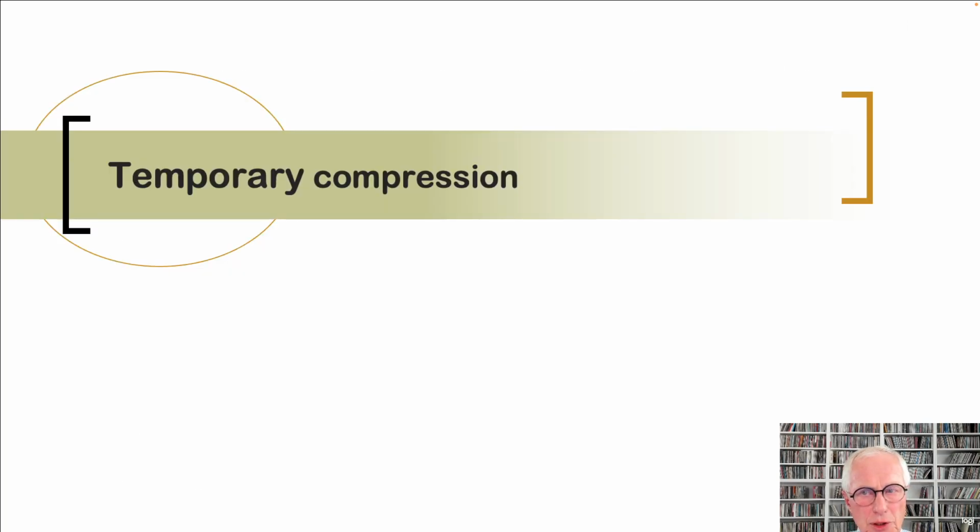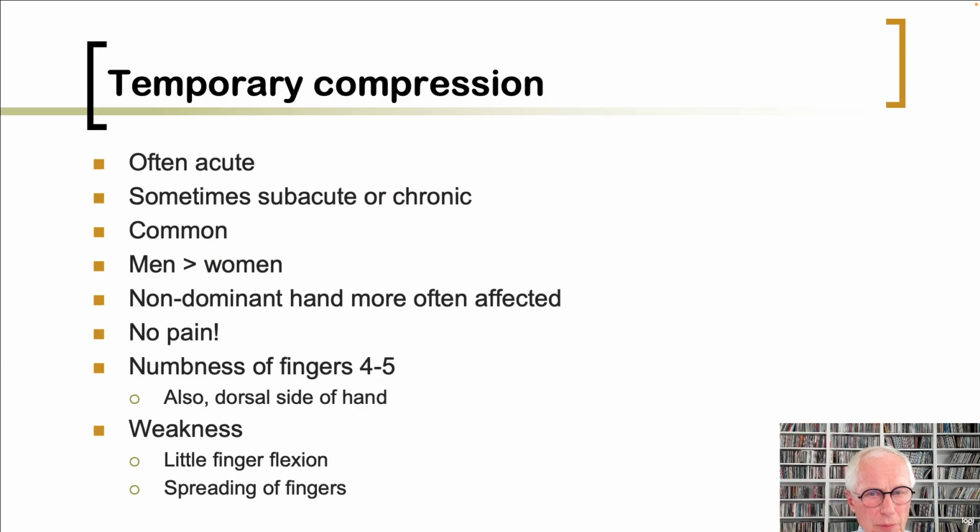Let's take a closer look at the temporary compression. It's often acute, sometimes subacute, starting within weeks or months. Very common, more often in men than women, and the non-dominant hand is more often affected. It's important to note that there is no pain associated with this.